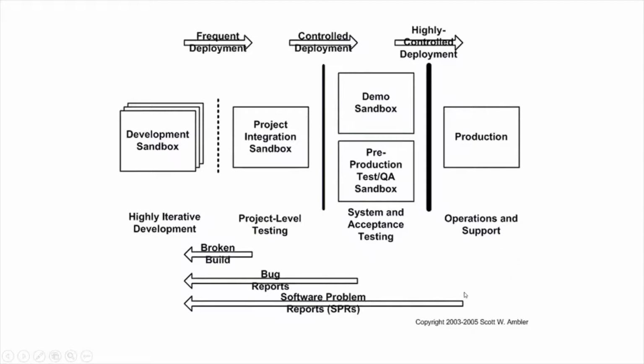If something goes wrong, it could be either software problem reports or bug reports as well. It depends on the organization, because in some organizations bug reporting is assigned to support staff to handle. Any questions on this slide?